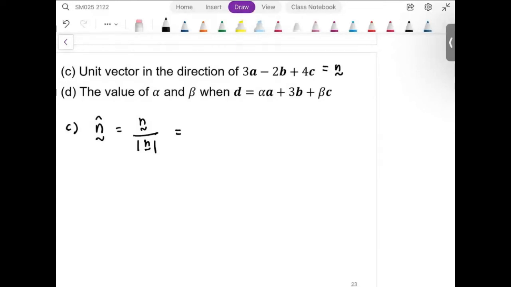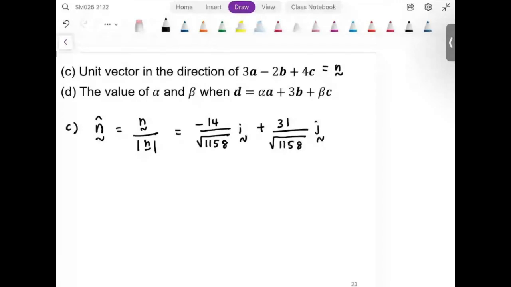Unit vector in this case would be negative 14 over set 1158 I plus 31 over set 1158 J minus 1 over set 1158 K. Siap. Okay.